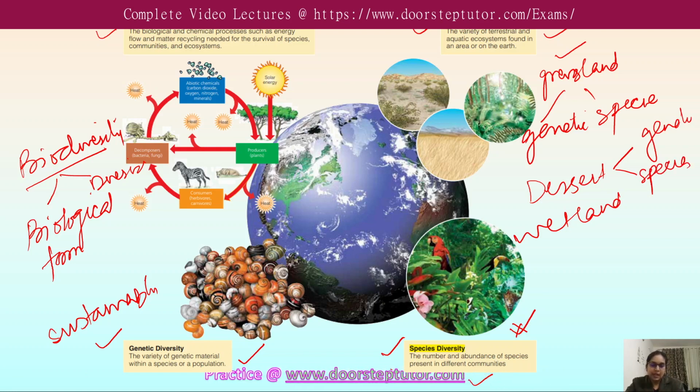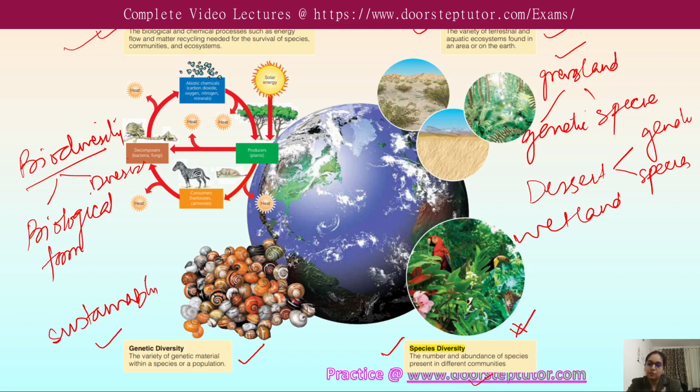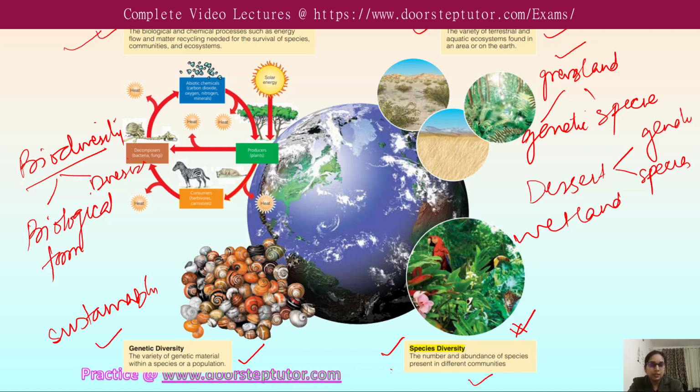Yet another important component of biodiversity is functional diversity. Functional diversity includes all the processes, such as matter cycling and energy flow, taking place within the ecosystem. For example, species interact with one another in the food chain or food web.